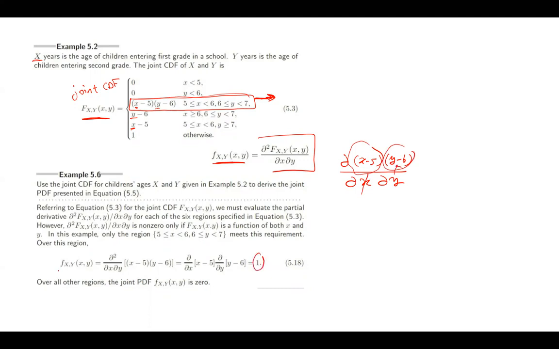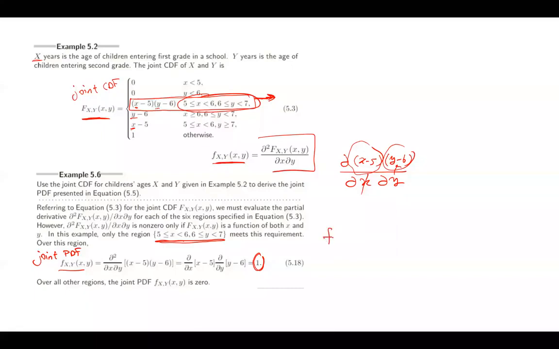So your joint PDF here is simply constant over this region. Okay, so this region.